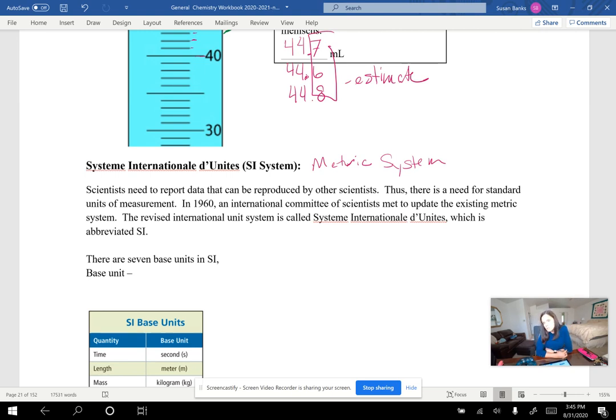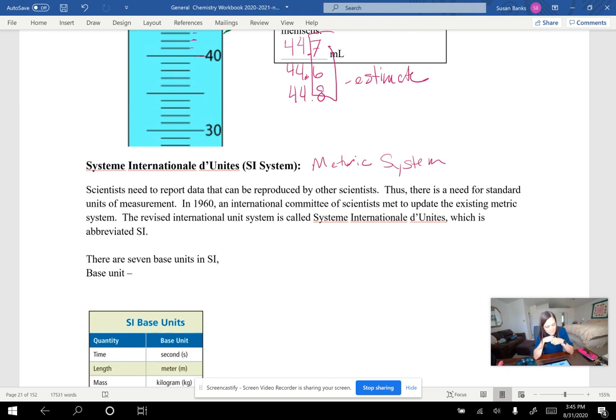By the way, we're the only country in the world that really doesn't use this system. So we're kind of off on our own here in the United States. And I don't know why the United States continues to want to do that, but I don't get to make the policy decisions. If I did, we would all be using the metric system.